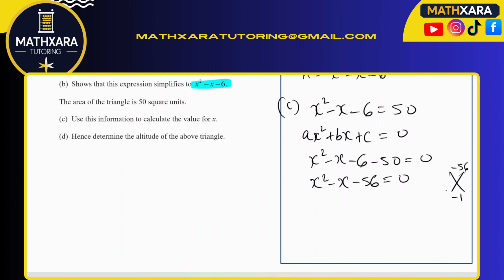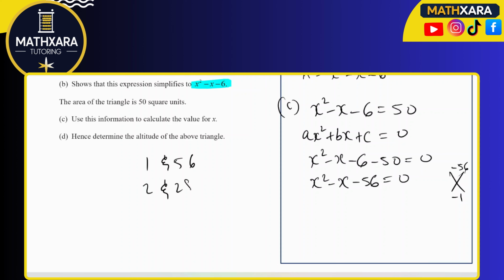Now, we need two numbers that are actually 1 unit apart. So some factors of 56 would be, of course, 1 and 56. 2 and 28. 4 and 14.